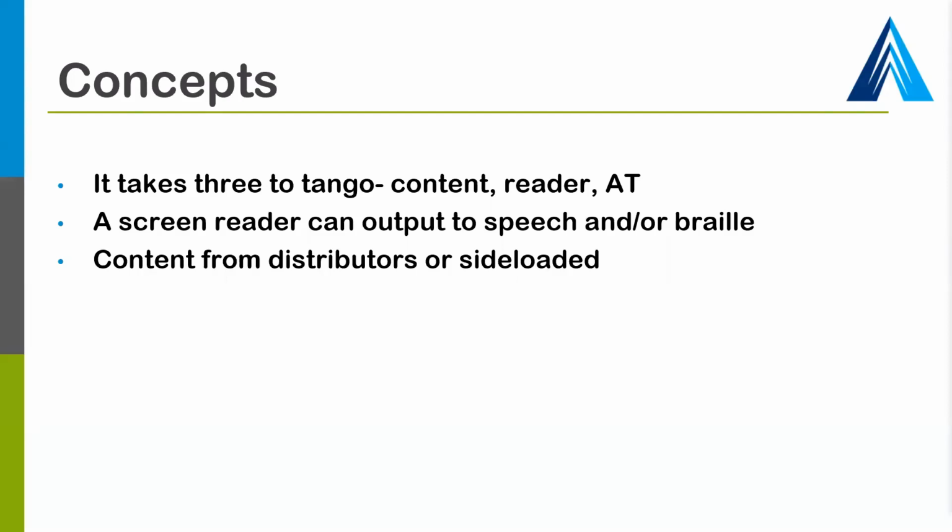So the screen reader will deliver the information in both speech, and if the person has a refreshable Braille device, the screen reader also drives that refreshable Braille. So there's two types of EPUBs you can get.